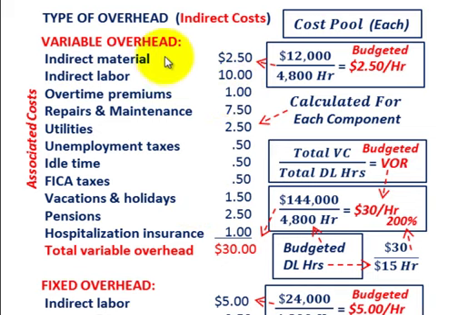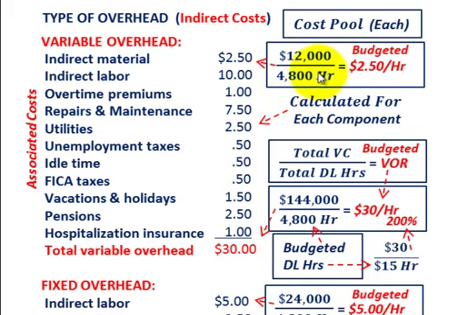Anyway, looking at our variable overhead, starting with our indirect material, say for example we want to calculate the amount of variable overhead we'd be allocating for each of these associated costs. Say we budgeted $12,000 worth of indirect material for the year, and that's based on 4,800 direct labor hours.